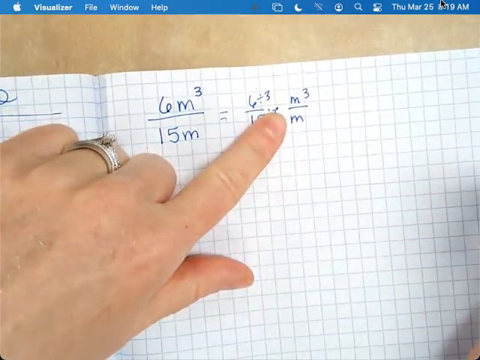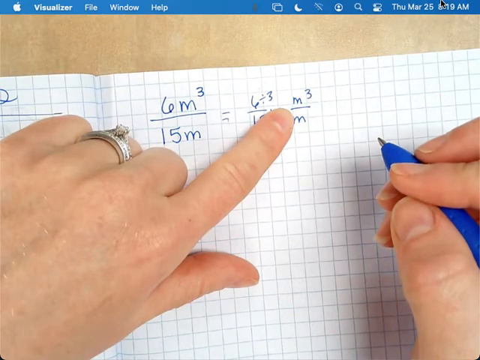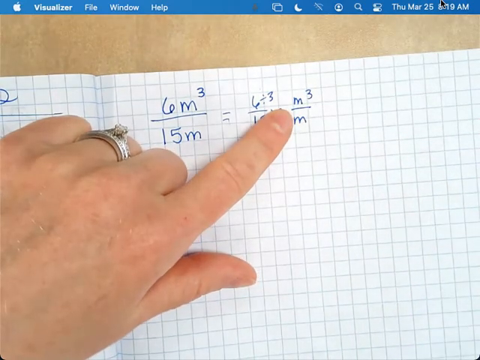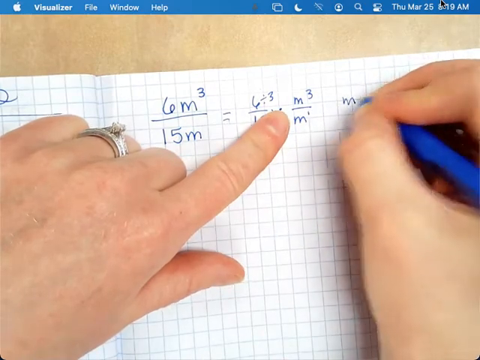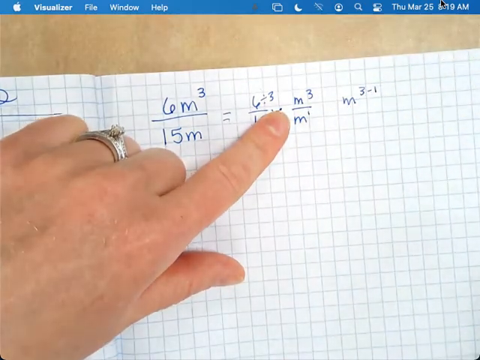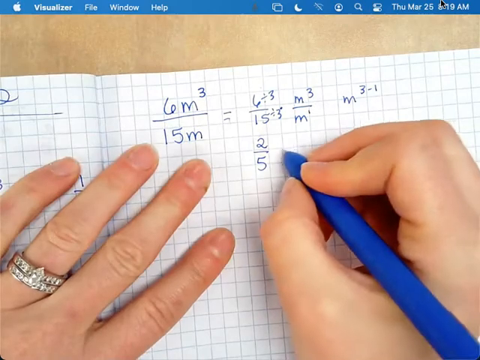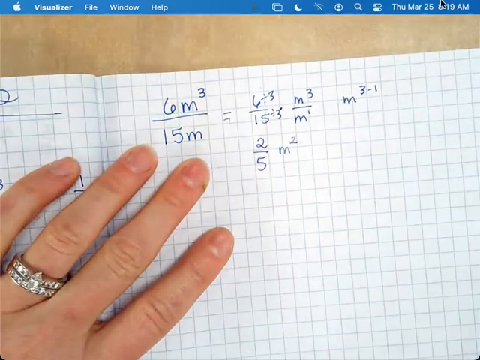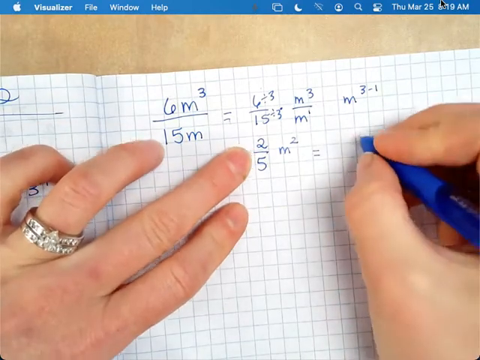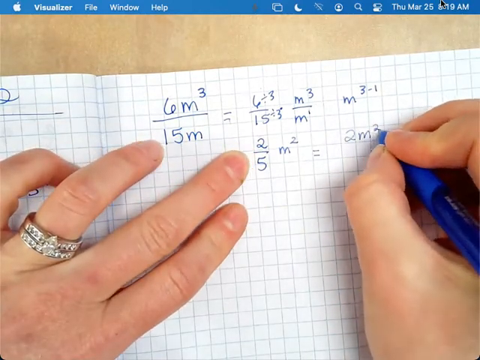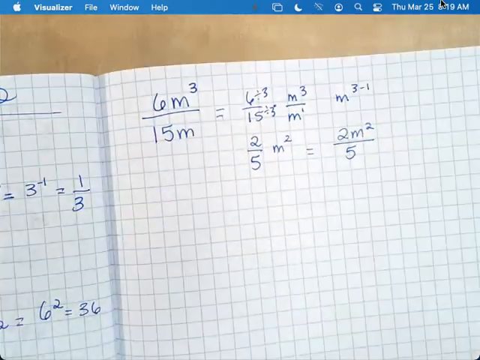Would it be 3? Remember, dividing like bases, we subtract the exponents. So this would be m to the 3 minus 1, which would be what? M to the second. Is it on top or on bottom? On top, yeah, because it's not a negative exponent. So 2m squared over 5.